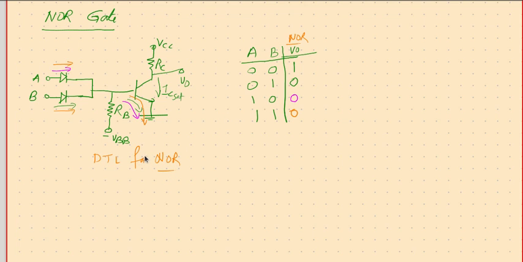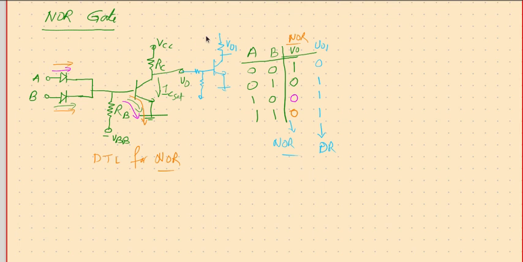Now how about OR? Yes, definitely the same logic can be applied. Just connect a NOT gate here, and you get OR at this point, and this is NOR.